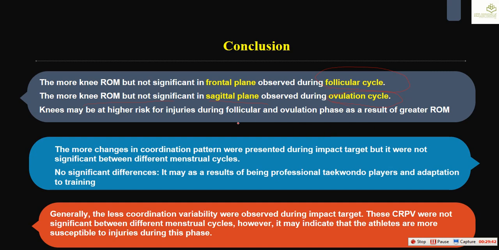It can be concluded that knees may be at higher risk for injuries during follicular and ovulation phases of menstrual cycles as a result of greater range of motion in these two cycles. Moreover, the more changes in coordination pattern were presented during impact target, but it wasn't significant between different menstrual cycles.